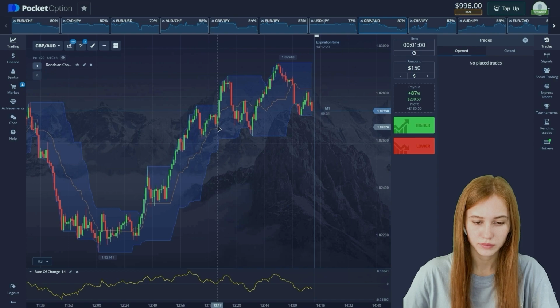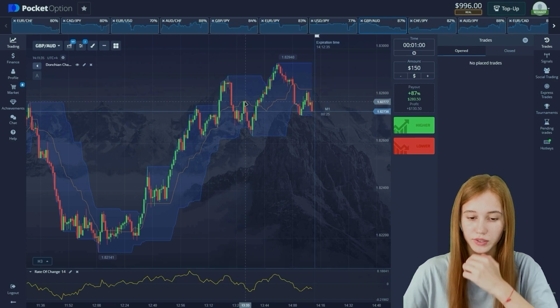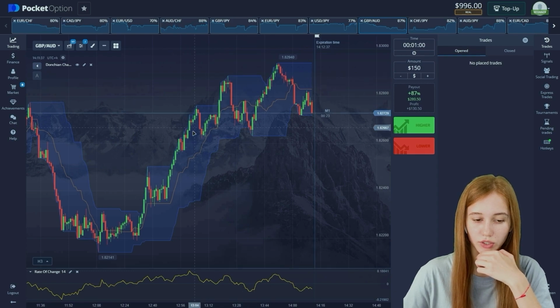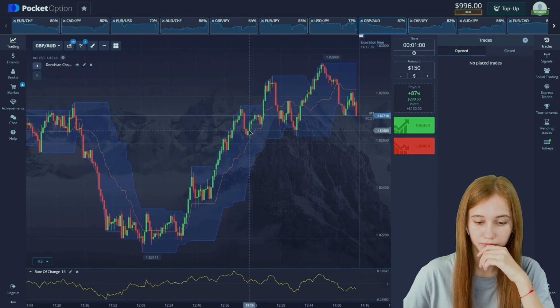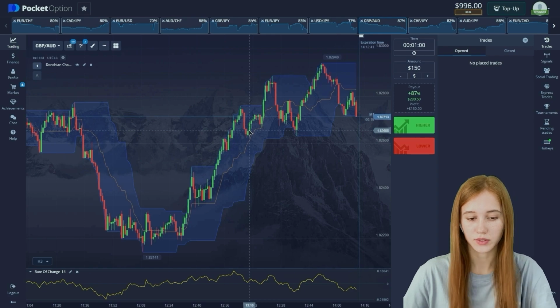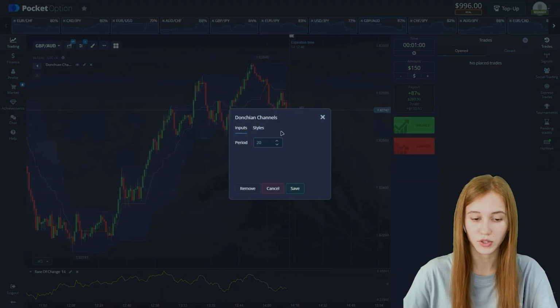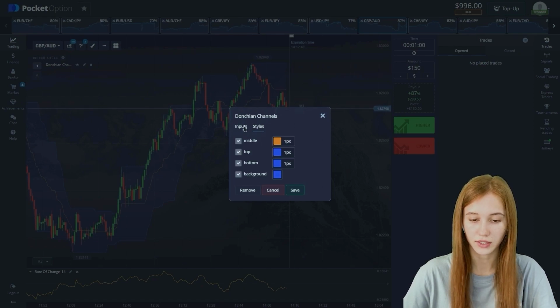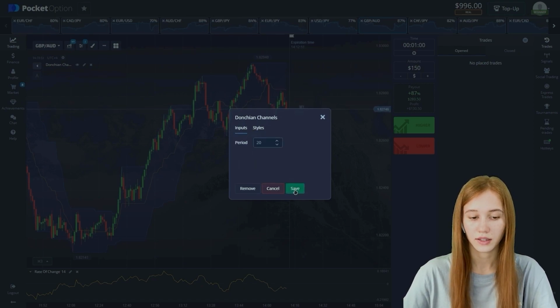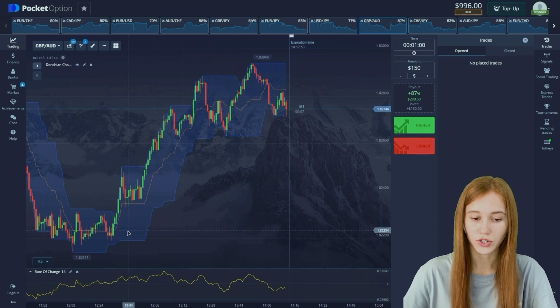Also, don't forget to look at the middle line. At some moments when approaching it, we have a rollback. So we will use the basis of technical analysis, but we'll also use these indicators. Let me show you the settings of this indicator, and let's talk about the second indicator, the Rate of Change.